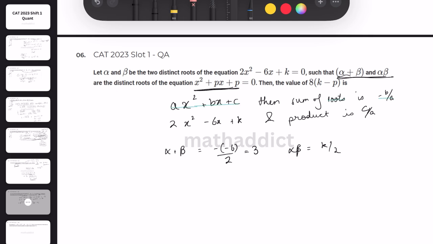So again, what we'll do is take the sum and product of these two, and we'll equate them to the sum and products of the roots in terms of these coefficients. That is, sum of roots of this equation is minus p by 1, that is minus p, and it should be equal to this plus this, and also the product is p, which is equal to 3 into k by 2.